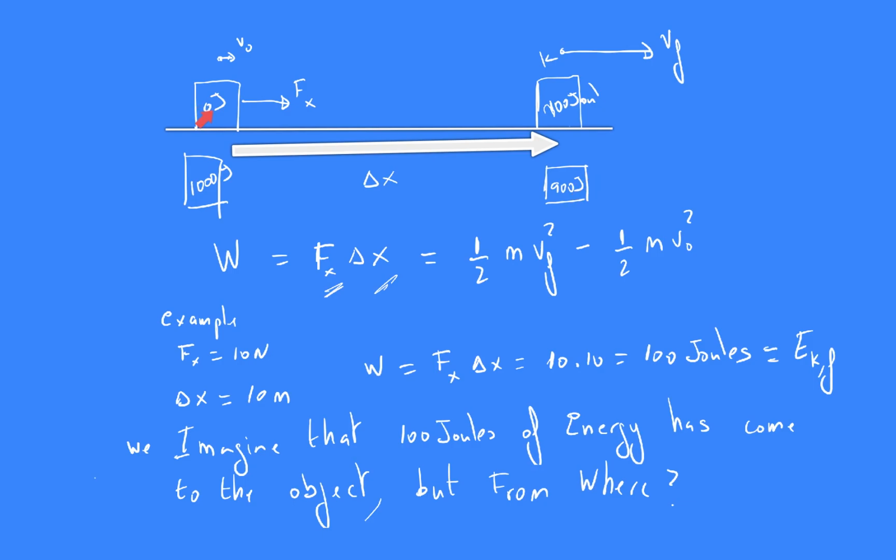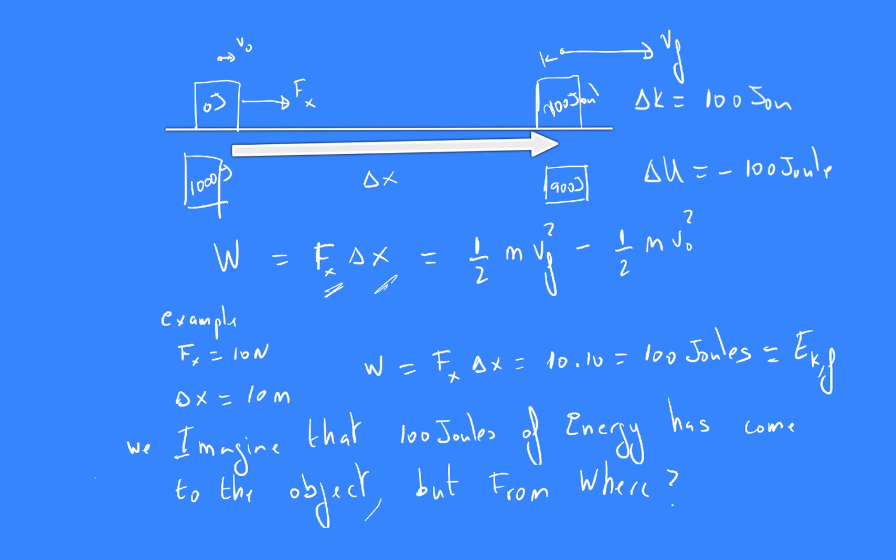If you start with 0 joules of kinetic energy and you end with 100 joules of kinetic energy, you gain 100 joules. So the change in kinetic energy is 100 joules. And the change in potential energy, the energy that you have lost because you have done the work, is minus 100 joules. Wow!